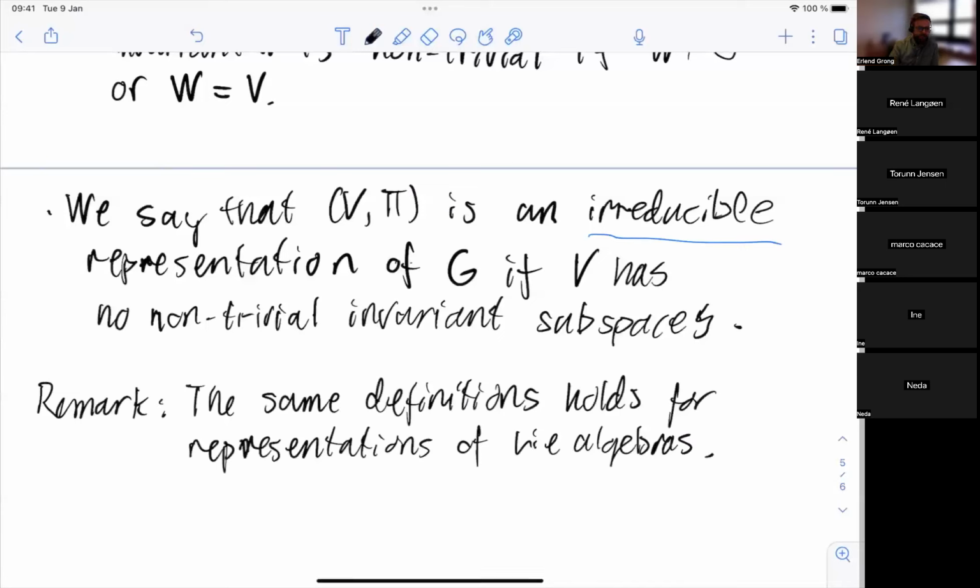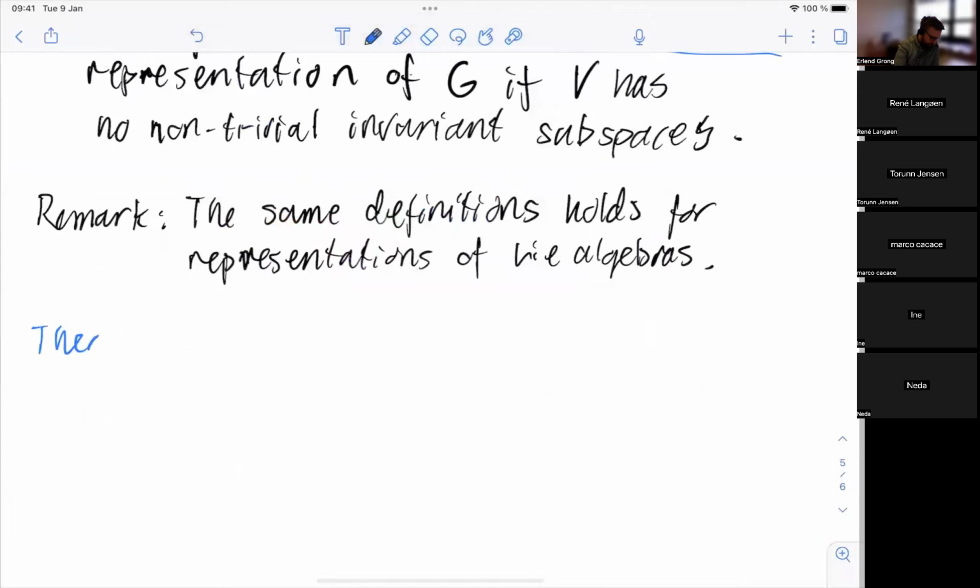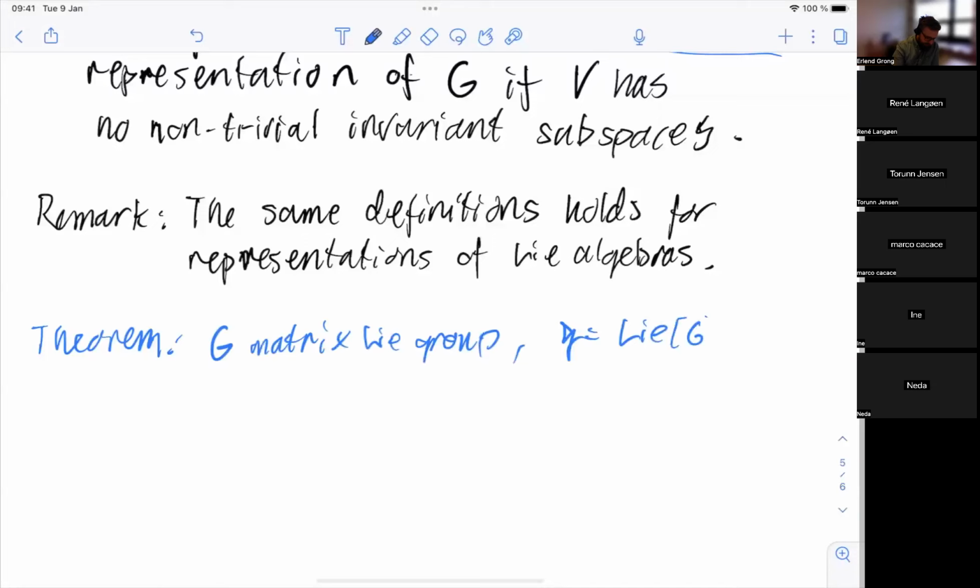So we have the same definition of being invariant, same definition of irreducible, and so forth. And the important result related to this is as follows. Theorem. Let's assume that G is a matrix Lie group, and then the fraktur g is its Lie algebra.